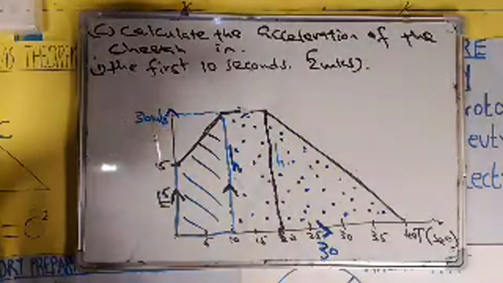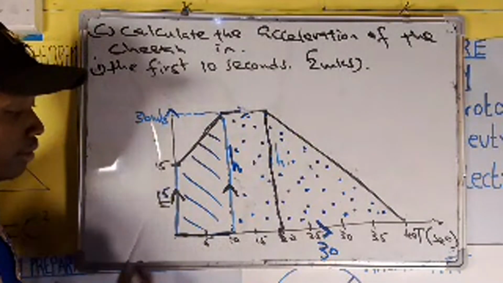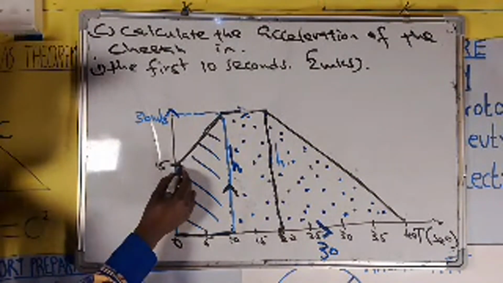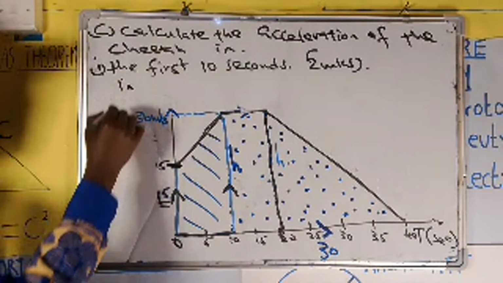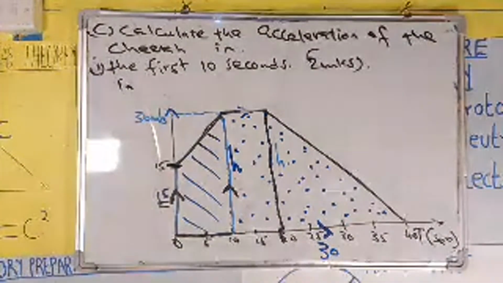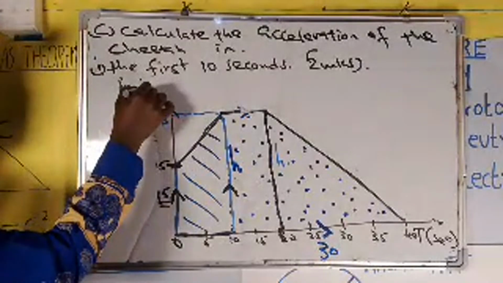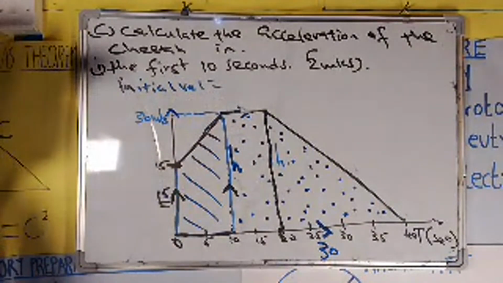So utakuja first 10 seconds. First 10 seconds ni kutoka hapa mpaka hapa. So utakuja from 0 second when time is 0. Initial ni nini? Initial velocity. Tumia blue. Initial velocity itakuwa nini?